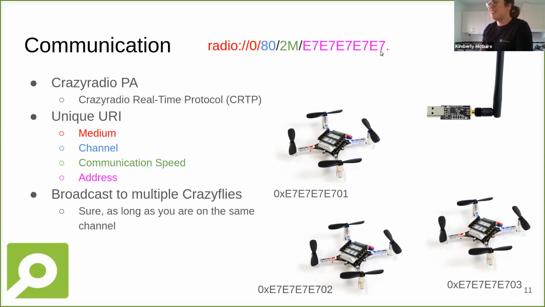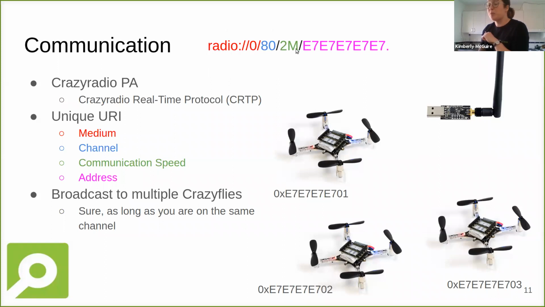This is the unique URI per Crazyflie, which says something about the medium. Here radio means you're using the radio, but you can also communicate through USB or serial, where the 0 and 1 stand for which radio you're actually using. 80 is the channel, so you can go from 10 to 120.